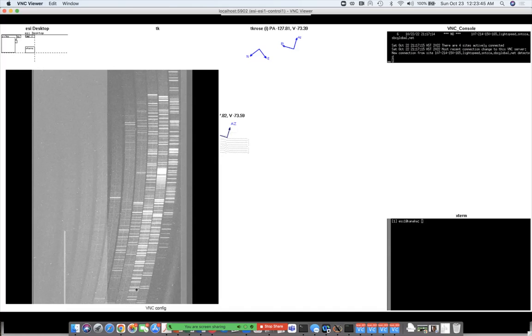As you march up, let me think about this. No, as we march down, wavelength increases. From top to bottom, wavelength increases, and from left to right, wavelength increases.